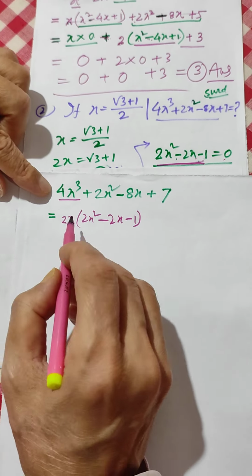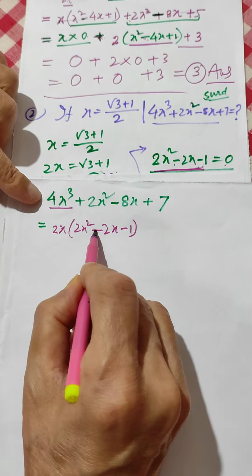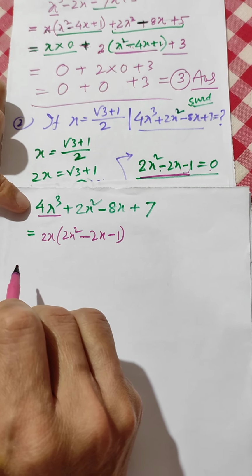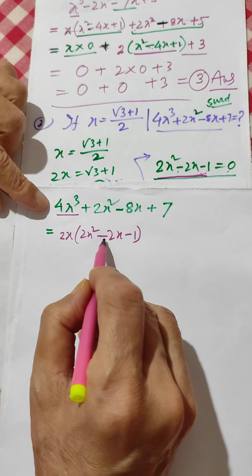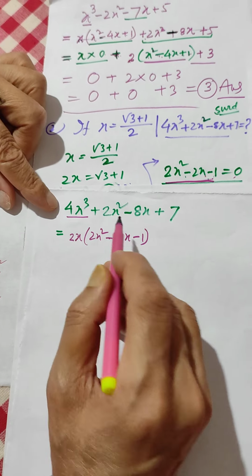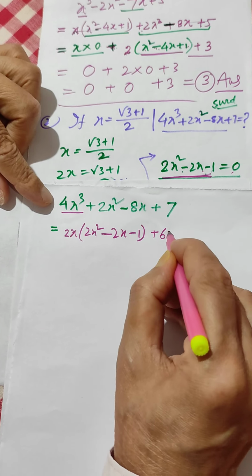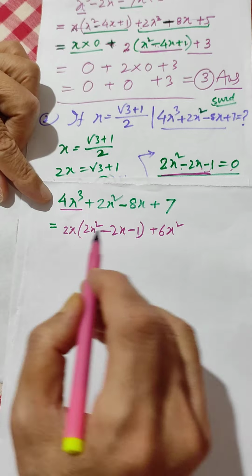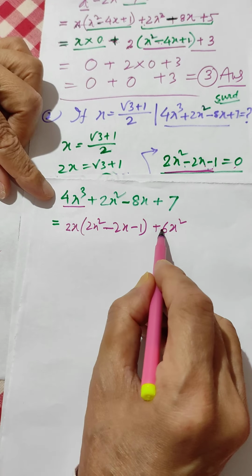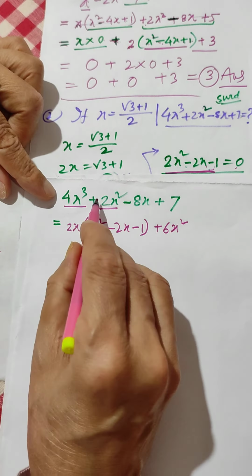As soon as you write 2x, 2x into minus 2x becomes minus 4x square. But this is 2x square, so we must write 6x square. Why 6x square? Because minus 4x square plus 6x square will give you plus 2x square.